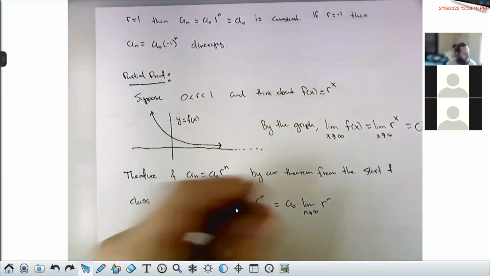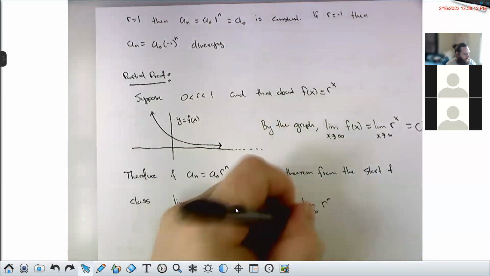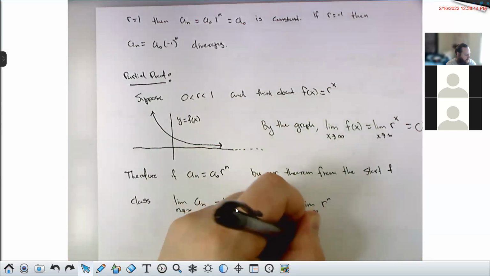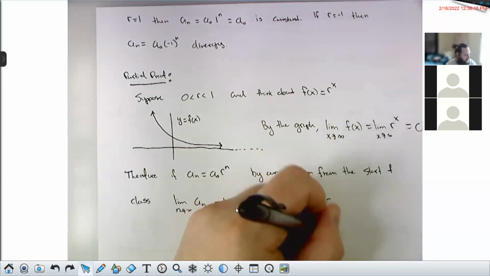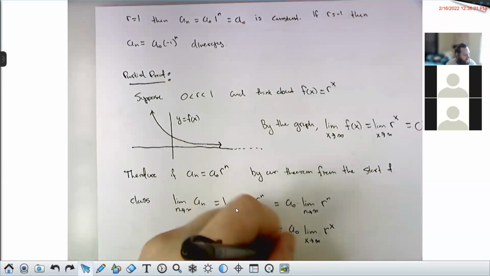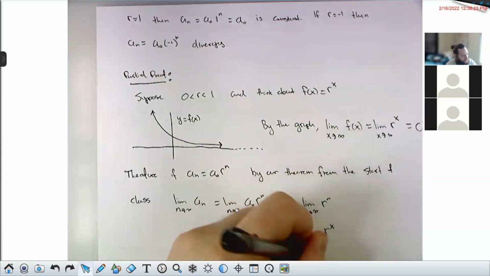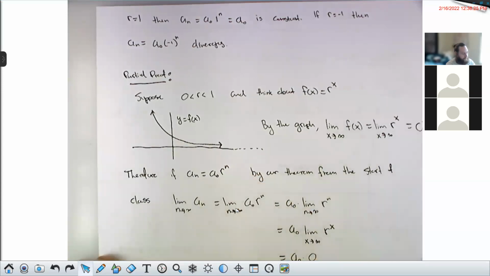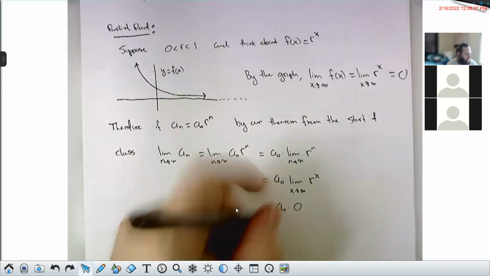That has to be the same as this guy. That's the theorem from the start of class. Then the limit as x goes to infinity of r to the x would give a naught times 0, which is 0.